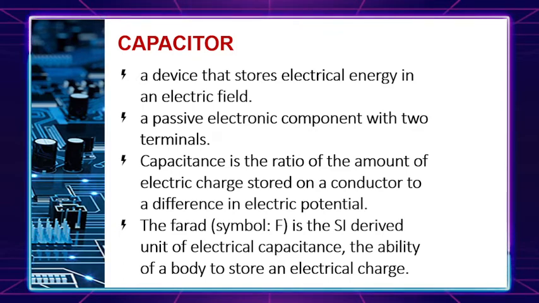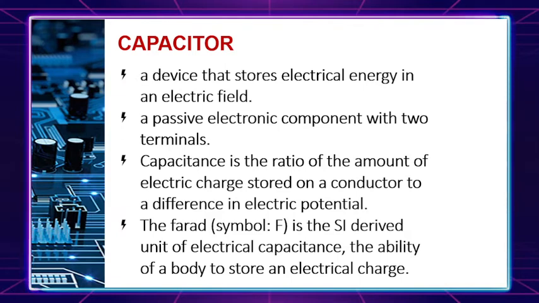Since we're talking about capacitors, we have this term known as capacitance. Capacitance is the ability to store electric charge, or in other words, the ratio of the amount of electric charge stored on a conductor to a difference in electric potential. We already know that the resistor has a unit of measure known as ohms, with the symbol omega.